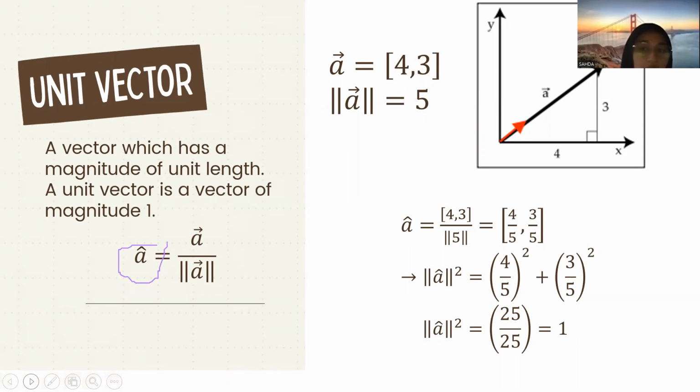Unit vectors can be used to express the direction of a vector independent of its magnitude. Now, in the case of dividing a vector by a scalar, we arrive at A hat is equal to (4, 3) over magnitude 5, which is equal to (4/5, 3/5).